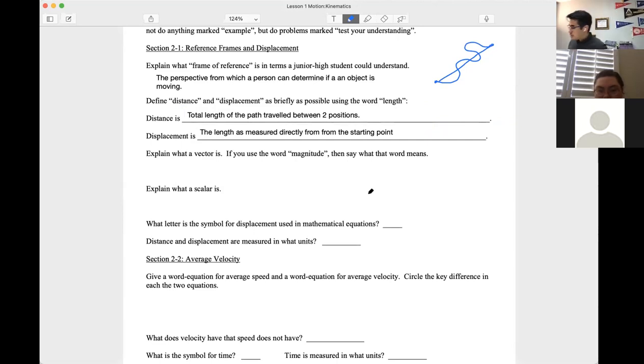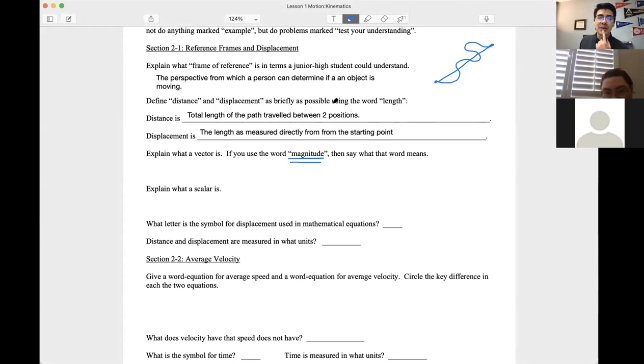Okay, next part, explaining what a vector is. What the heck is a vector? A vector is like a movement in a certain direction. Sure. It doesn't have to be movement though, because there are other things in physics that aren't movement vectors, for example force.